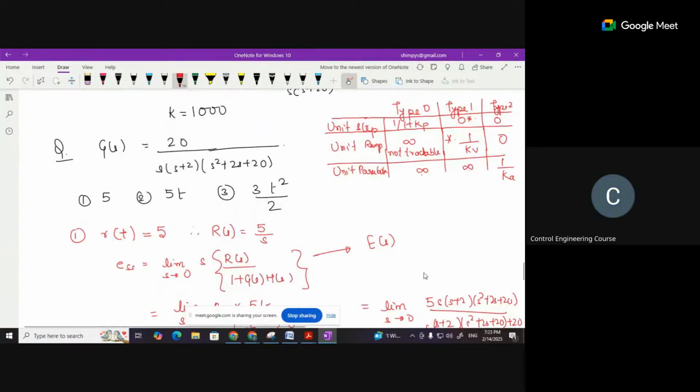Okay. So let us do one more problem. I was actually trying to seek out an example of a type 1 system where there is a constant error for unit ramp. I had one problem based on that.